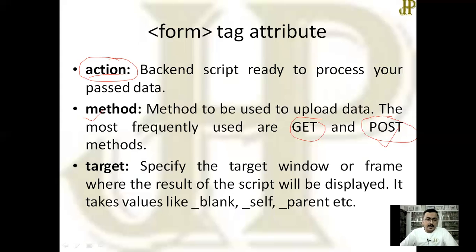Next one is target. I already talked about it in previous lectures. Whenever you want to display the result of your form, whether you want a new window or you want to show the result on the same page, then you have to supply a target attribute, and the value can be blank, self, parent, and many more.